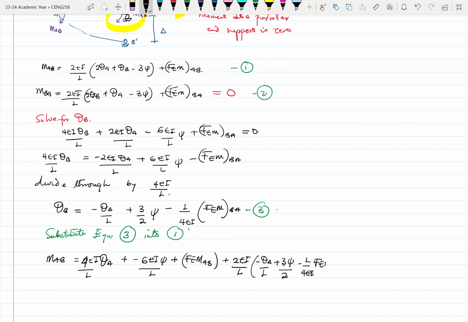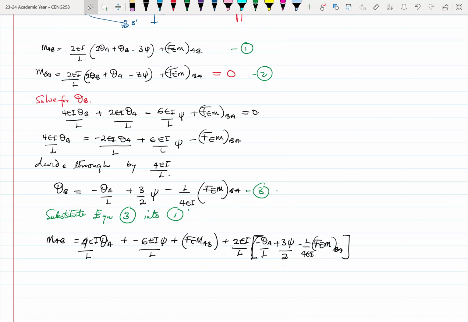times the FEM BA. It becomes quite a long thing that we're doing, but in the end it will be simplified anyway, all right? So if we simplify that, our MAB will be equal to 4EI over L theta A minus, am I correct? Yeah, so this is over 2, sorry. This is 2.